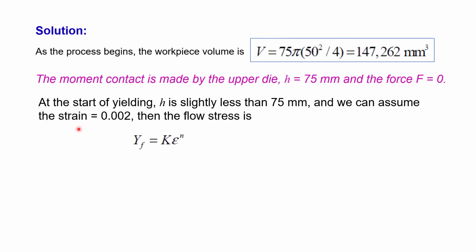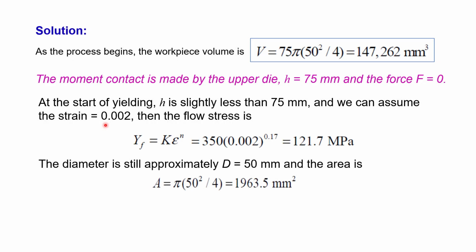Remember that this value is just an assumption. We just started the compression test for the part, and we consider that strain is going to be at this value. So the flow stress now is going to be equal to the K that's given to us multiplied by 0.002 to the power n. And this gives me that the flow stress is equal to 121.7 megapascal.